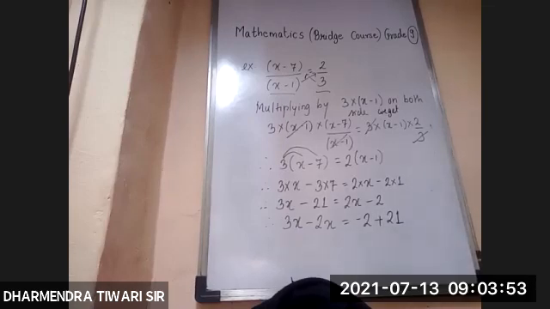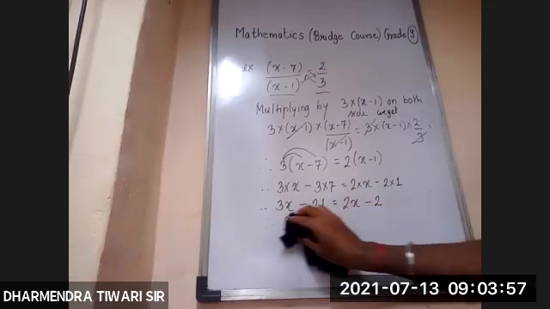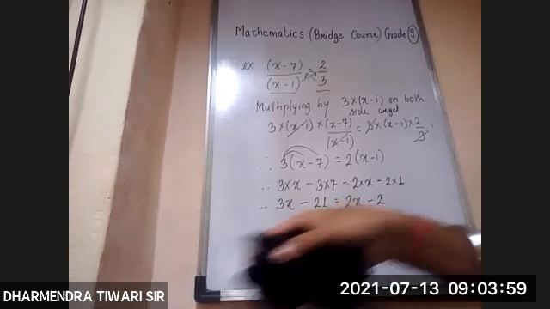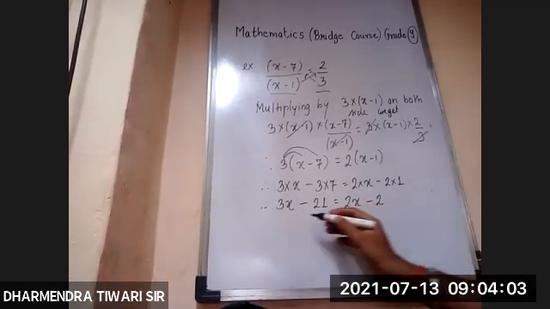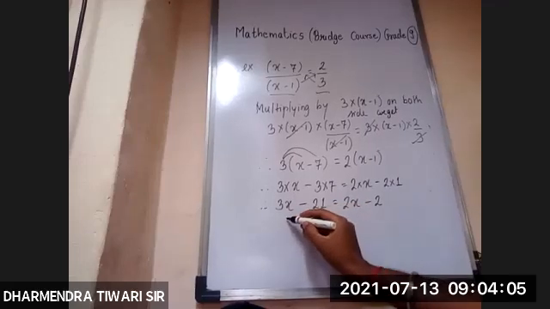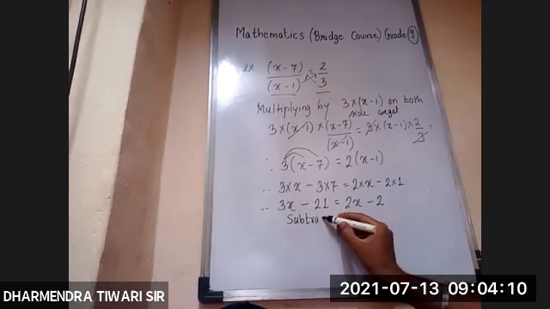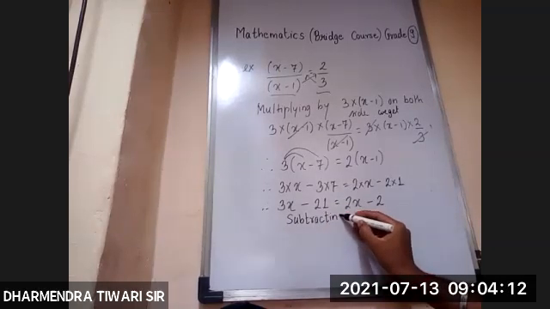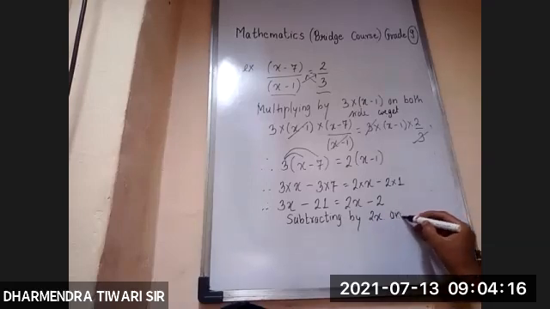Wait, I will write that step, how we got this step. As we are doing it for the first time, today itself we'll be writing each and every step that we are doing. Subtracting 2x on both sides.